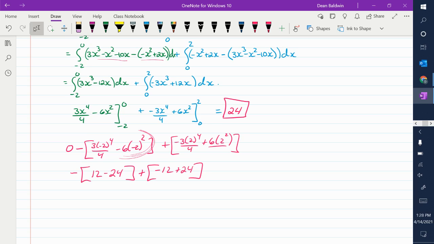I have a feeling it's. Hang on. I think it's negative, yeah. So I'm going to get negative 12 plus 24 minus 12 plus 24. Yeah, negative. Yep. No, it's positive. Yeah, it is, because I'm going to get negative 24 plus 24 plus 24. 24.